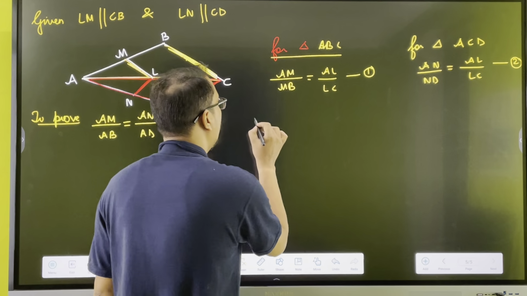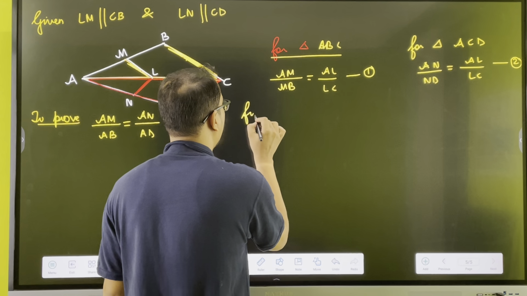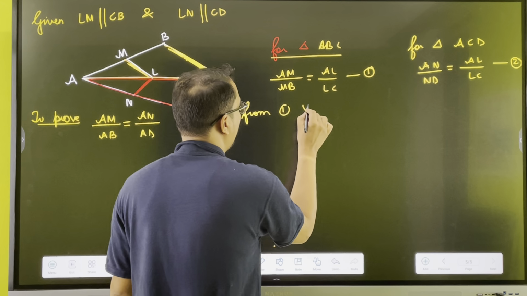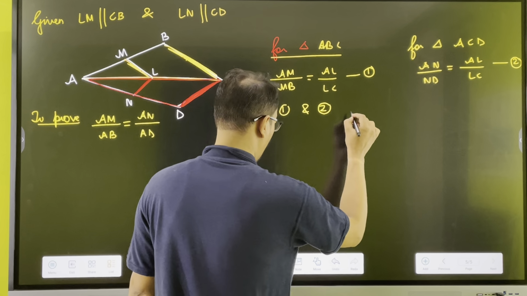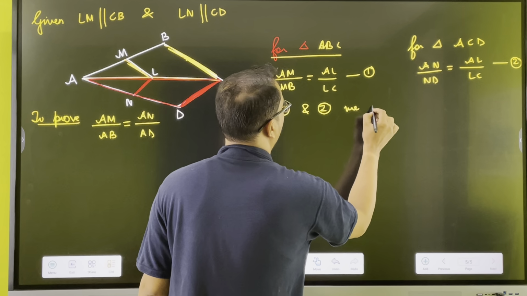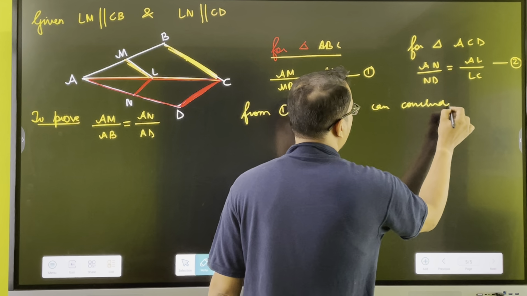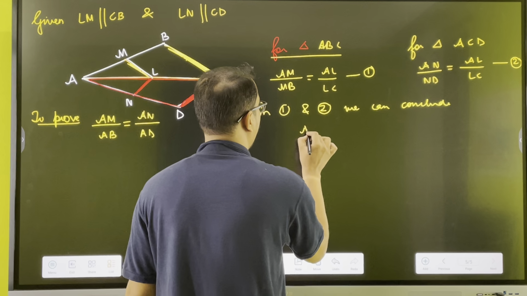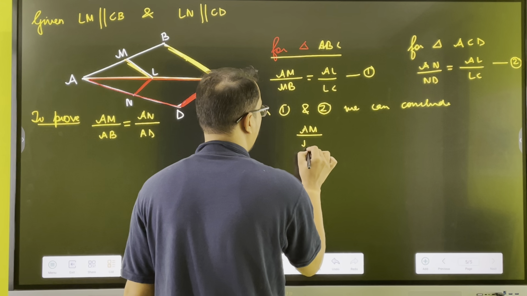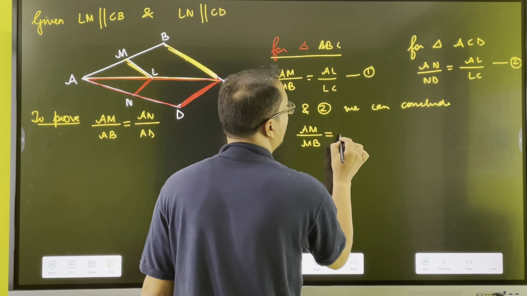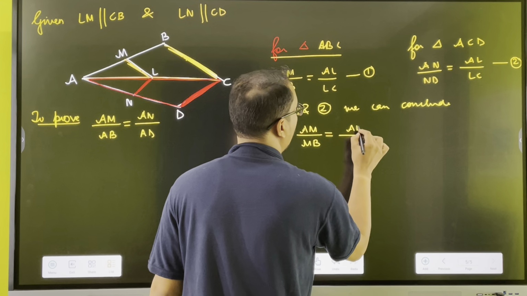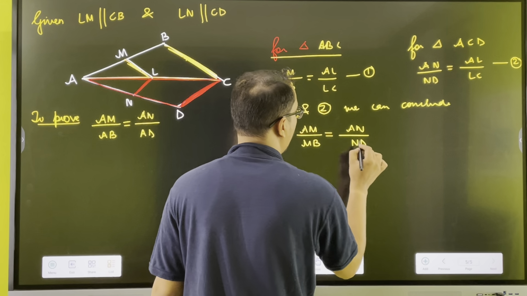So from equation 1 and 2, we can conclude that AM by MB equals to AN by ND. So this much we can do.